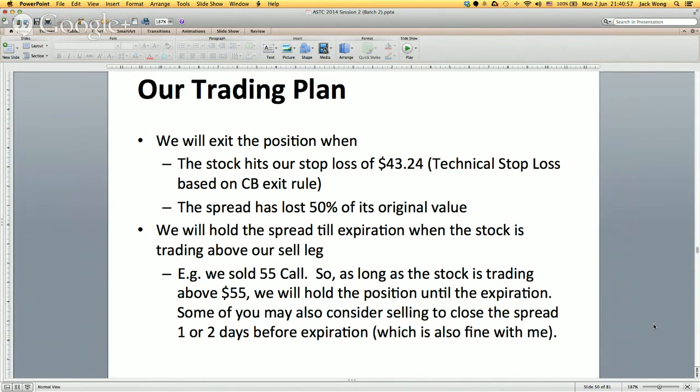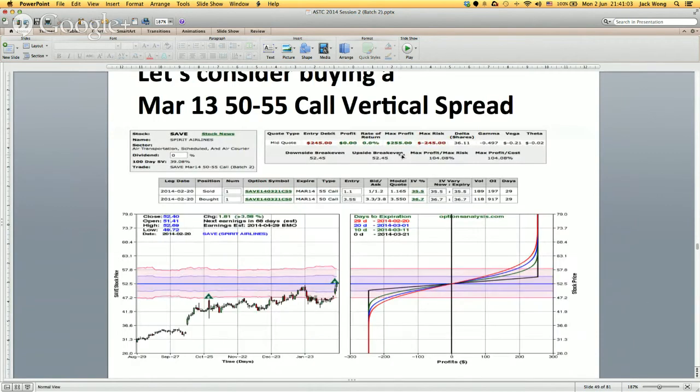You will just pocket the difference, or pocket the maximum profit, which in this case you will see is $255. Because you risk 245, and this is a 5-point spread, that's $500 on the table. So if I pay 245 for maximum risk here, my maximum reward has to be 255.